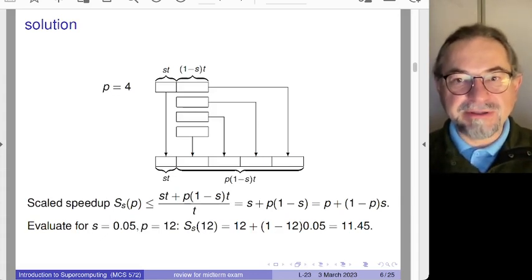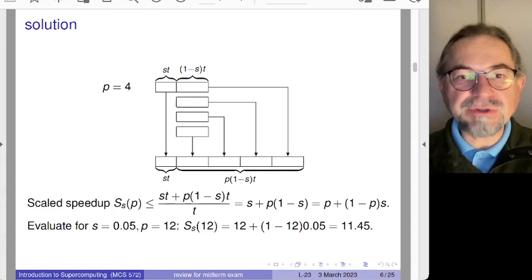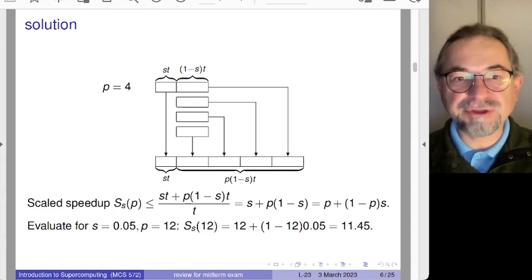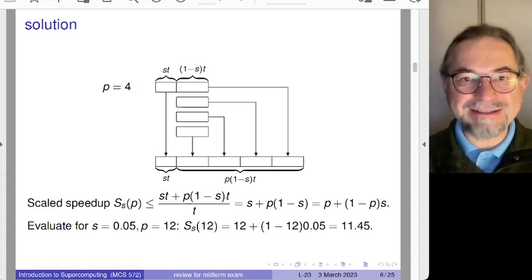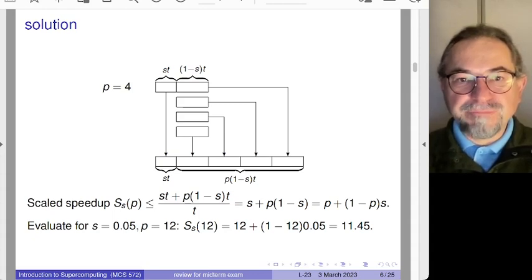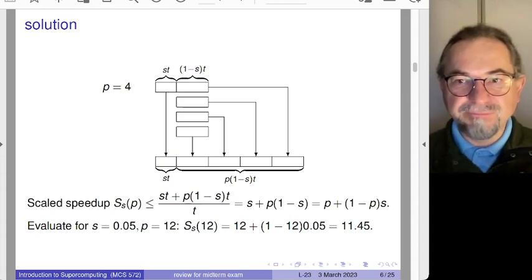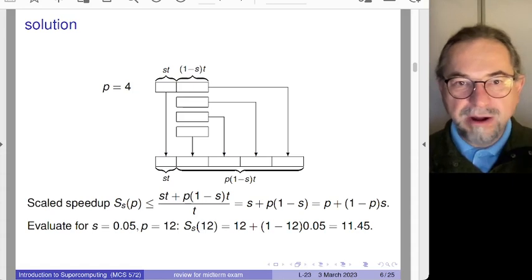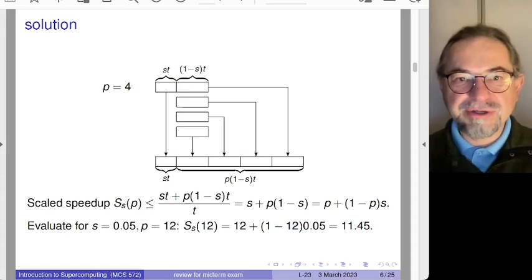So I copied the picture proof from the first lecture. So we have the 5% sequential time. So the 5% is factored in this parameter S. T is the total time. So with the picture proof, we have, in our case, 12 processors. In the picture, we only have 4 shown, but the idea is the same.